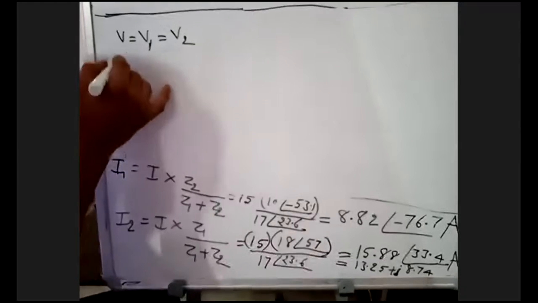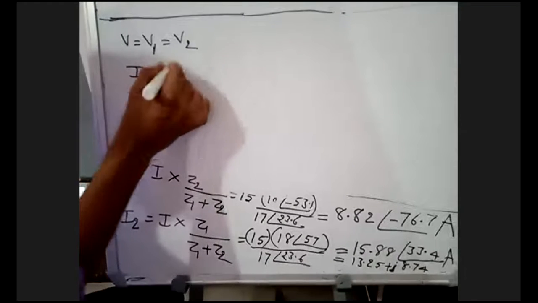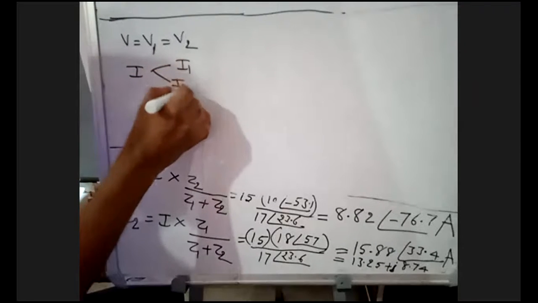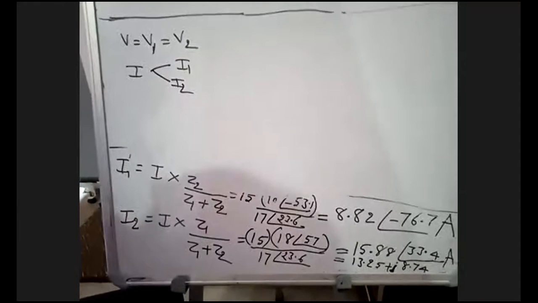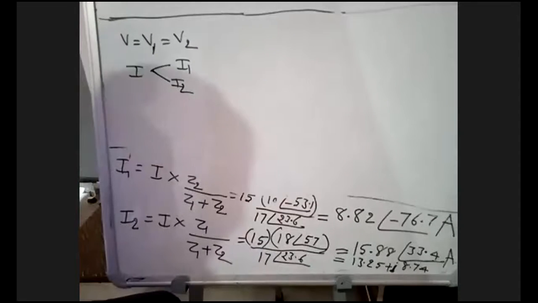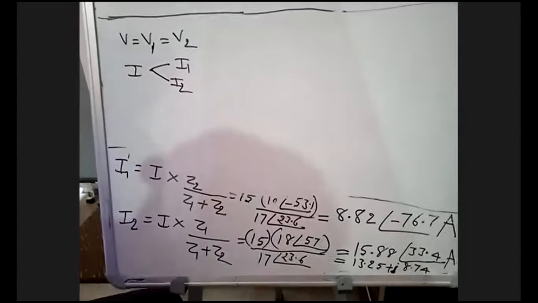Now tell me, I is the resultant of I1 and I2. If you add I1 and I2, you will get the I value.